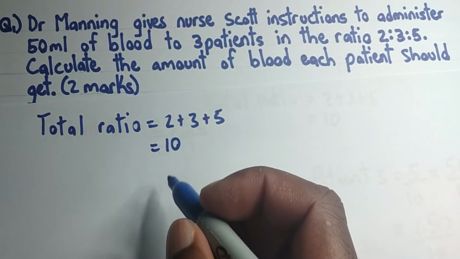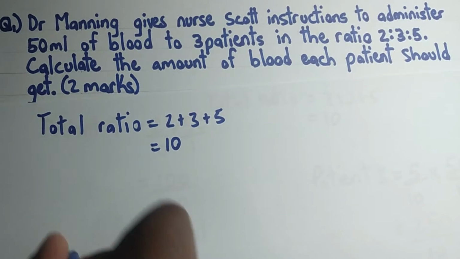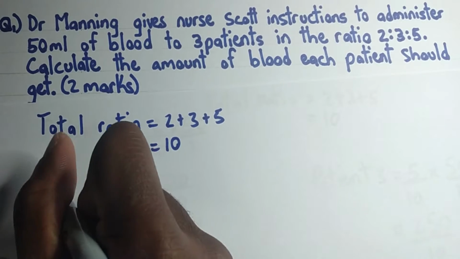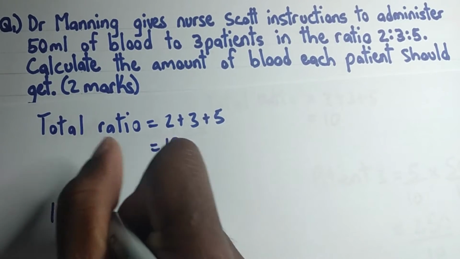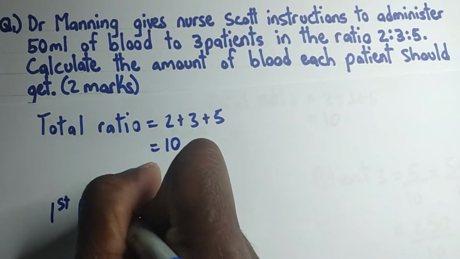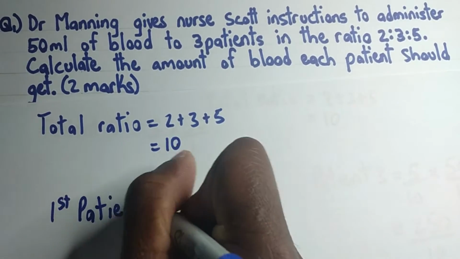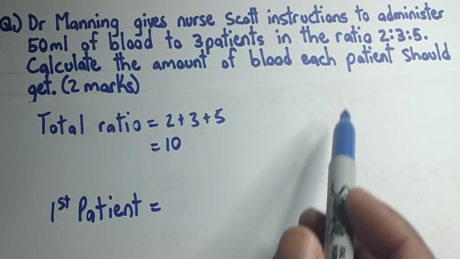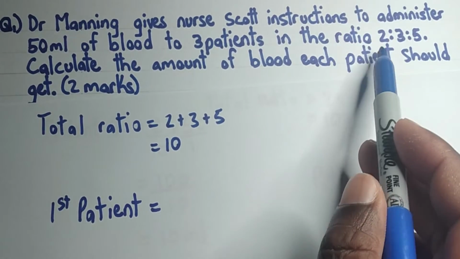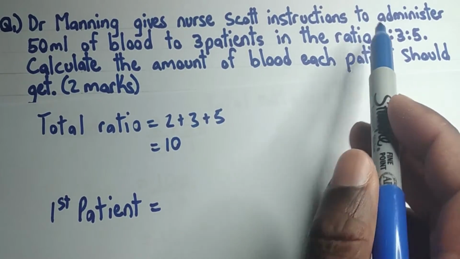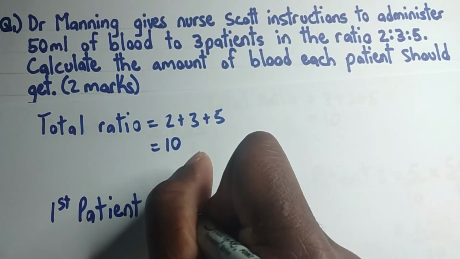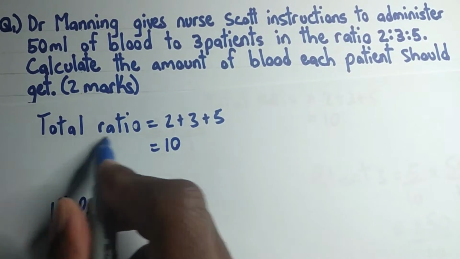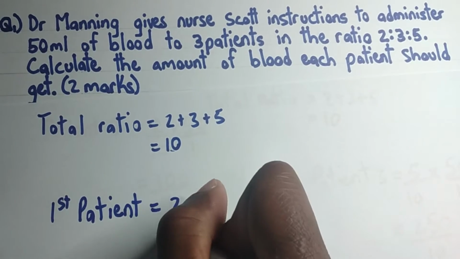Now, if we want to find out the share that the first patient would have obtained, so let's call that one the first patient. We can simply do what? Put that patient share, which would have been 2, that's the first share here, 2 over the total ratio, which is 10.